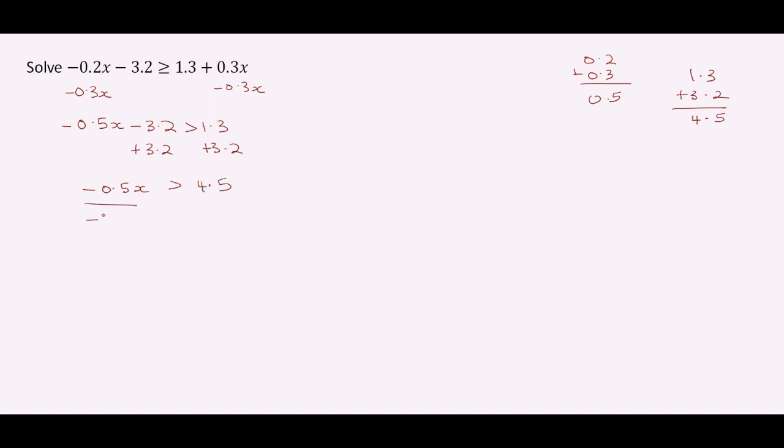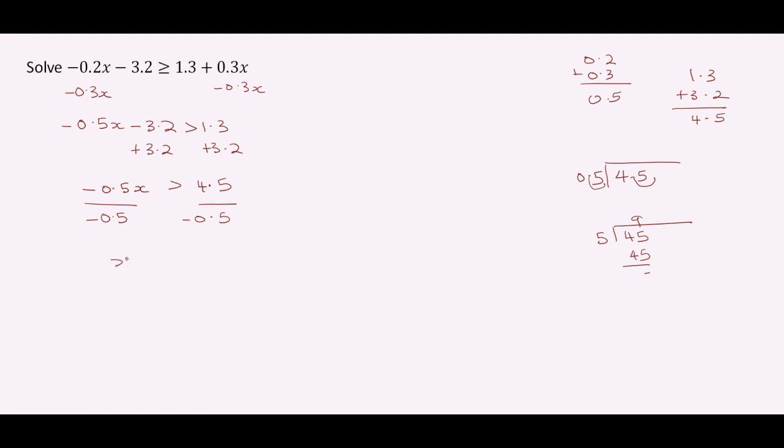Now we divide by minus 0.5 on both sides. So 4.5 divided by 0.5. We move the decimal marker over here, so we have to move it right here. So now we have 45 divided by 5, which is 9.